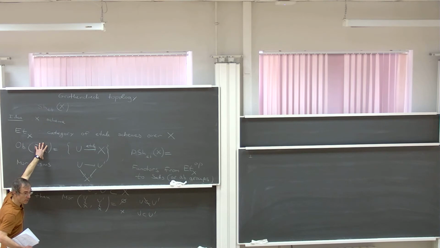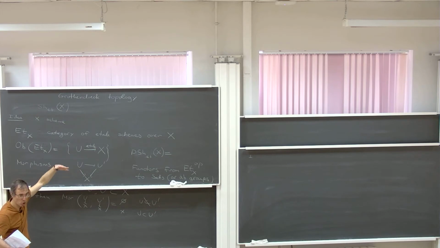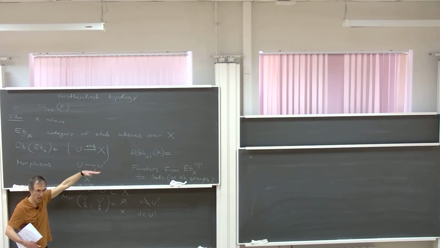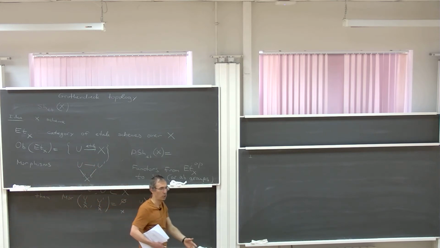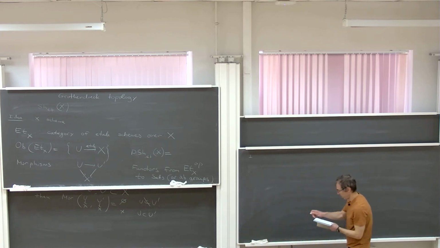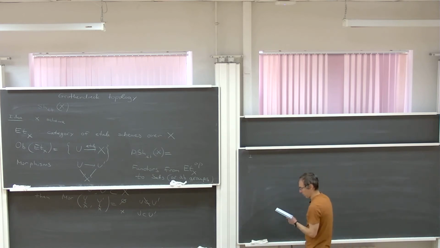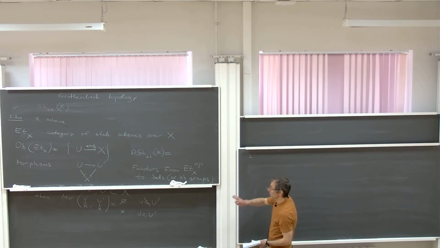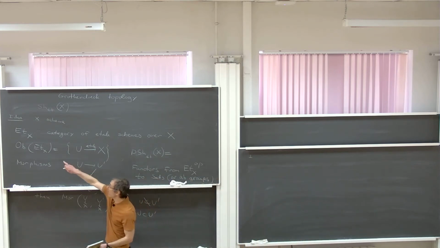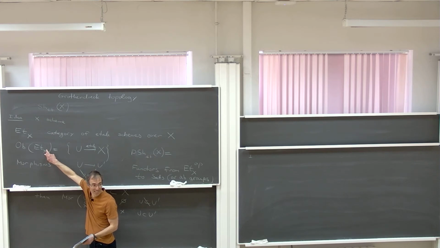Once we have a category, we can consider contravariant functors from this category to our favorite category, like abelian groups, sets, or rings. These will be presheaves. In order to define sheaves, we need an extra structure on this category, which is called Grothendieck topology. This is the subject of this lecture. So let's fix our category of open sets.